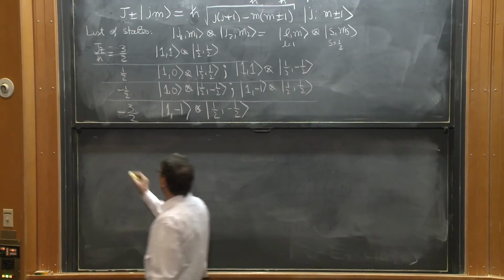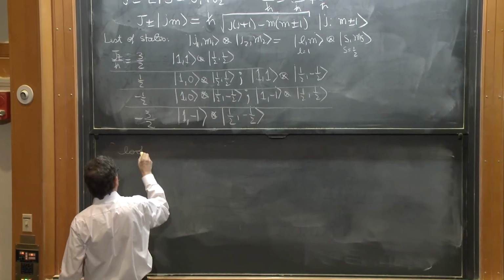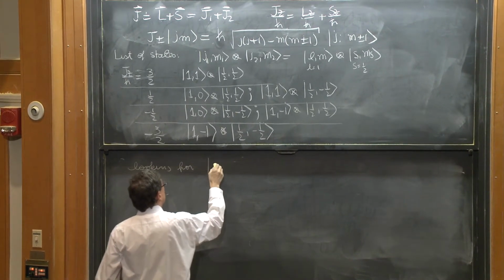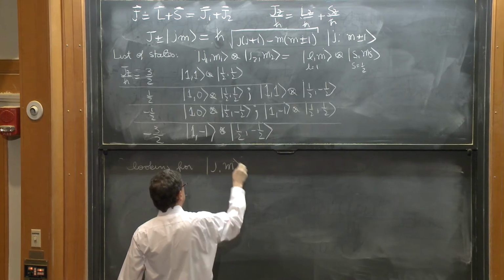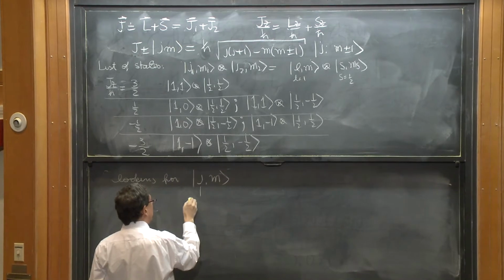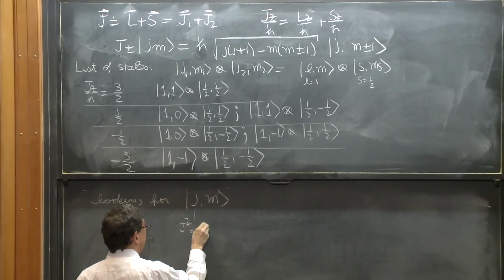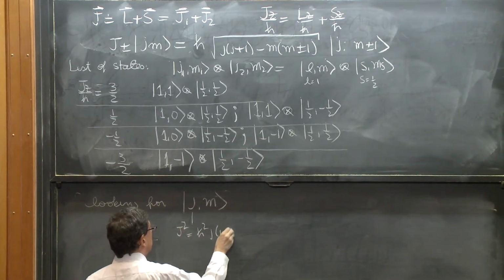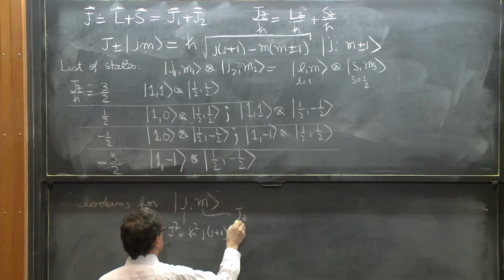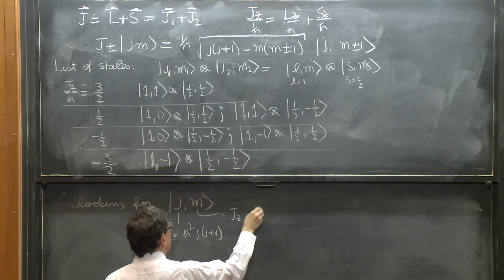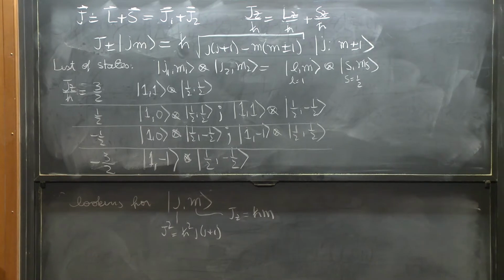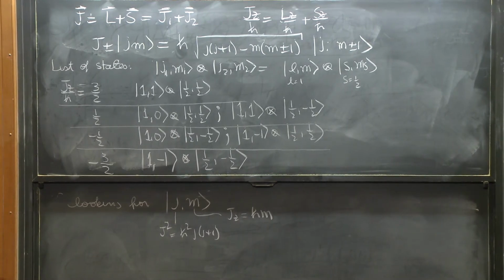So we're looking for states |j, m>, where the eigenvalue of J squared is h bar squared times j(j+1), and the eigenvalue of Jz is h bar times m. We're trying to find eigenstates of this type.